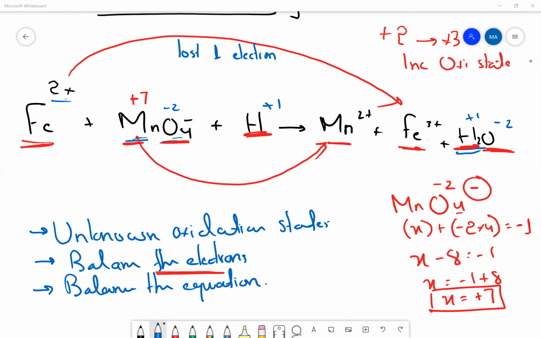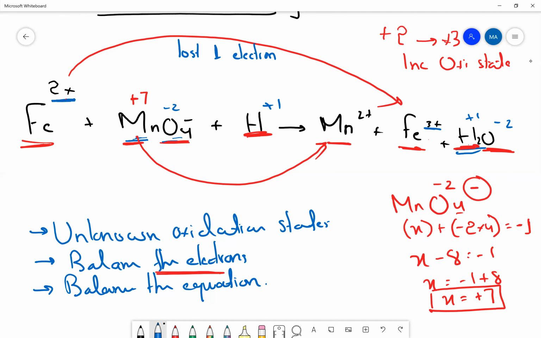Okay, listen to it again. Iron's oxidation state is increasing. It is +2 here, and it's +3 here. So increase in oxidation state is oxidation. Whenever an element oxidizes, its oxidation state increases, right?